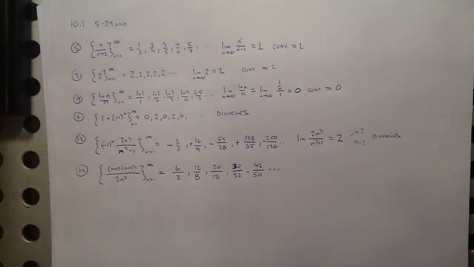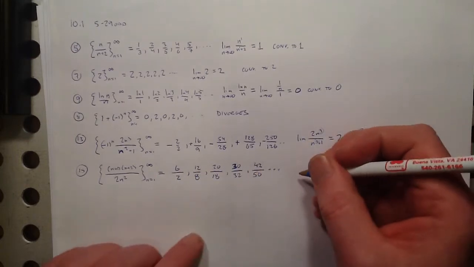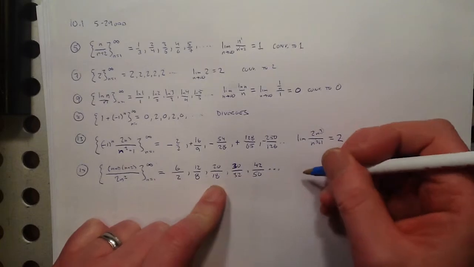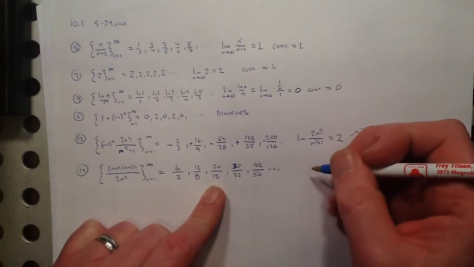For the more mathematically curious of you out there, for what it's worth, these are twice the triangular numbers here. Ask me about that if you're interested, but that's a thing. Okay.